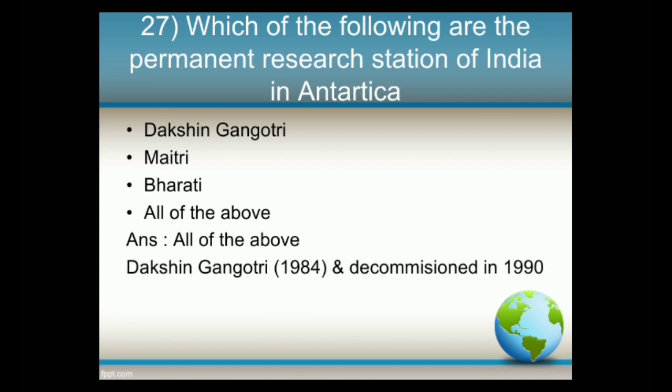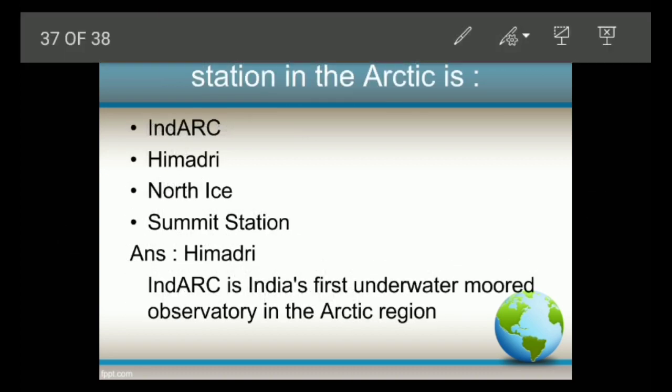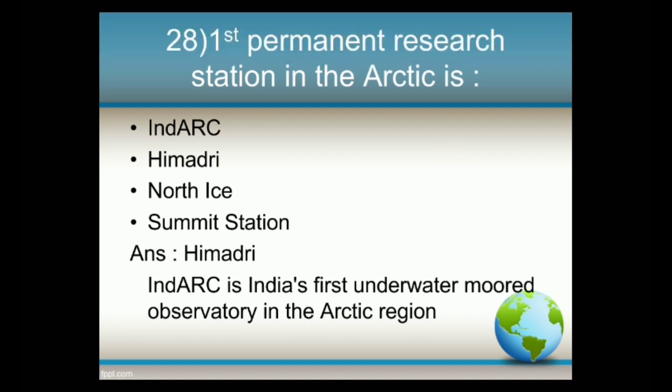Dakshin Gangotri was commissioned in 1984 and again it was decommissioned in 1990. Maitri was established on 1989 and Bharati was established on 2012. So we have 2 active permanent stations in Antarctica.